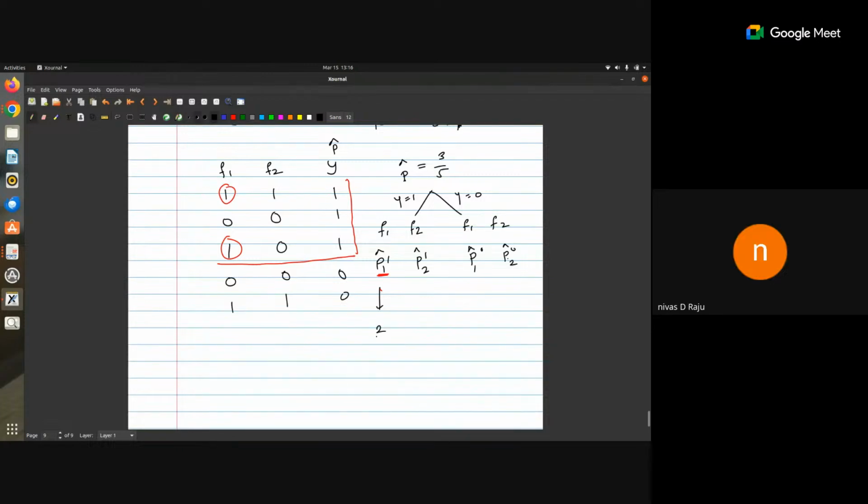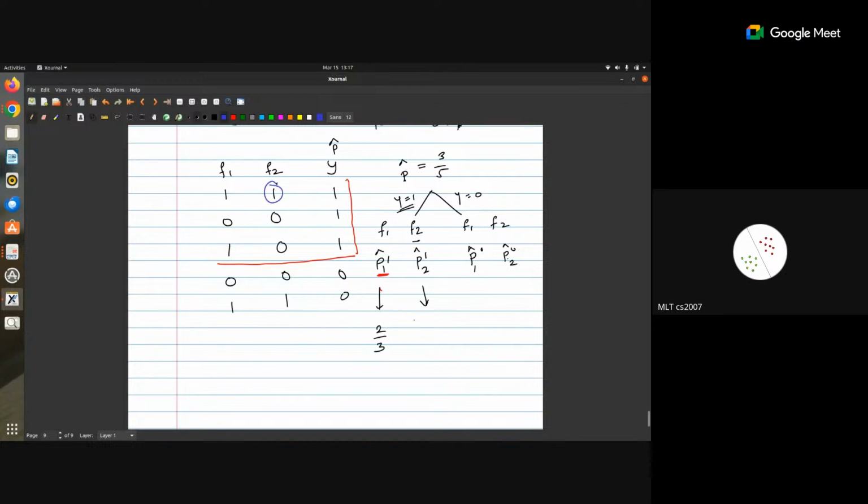So can I say that it is 2 by 3? Yes. What about this? 1 by 3. In that case, we are looking only where the labels are 1, only these 3. And how many ones are there for this part? It is this portion.